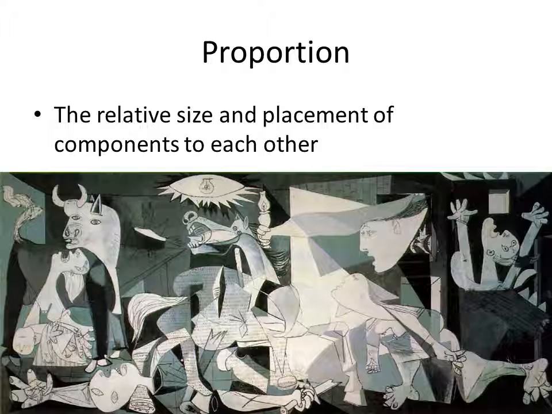In this particular artwork, his use of proportion, or his distortion of it, creates a very violent and evocative image about the effects of war, the horrific effects of war. And his use of proportion, or his subversion of that, contributes to that horror we feel.